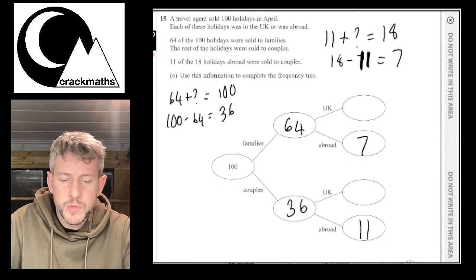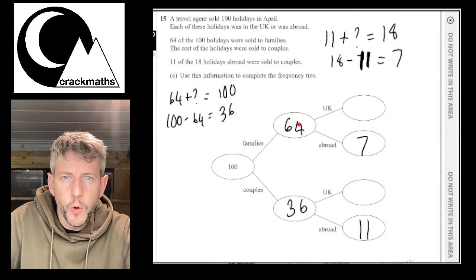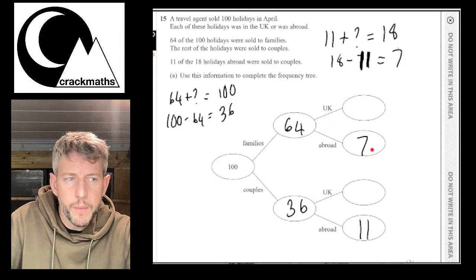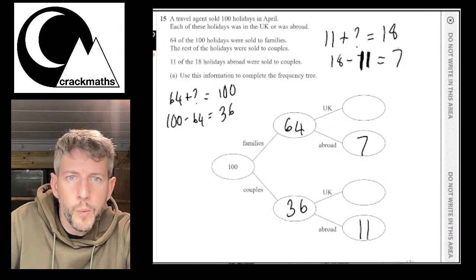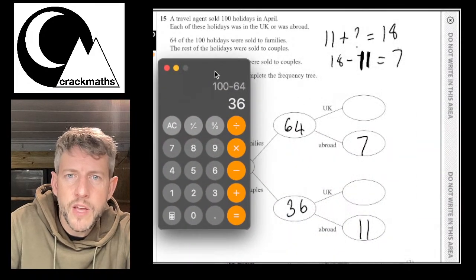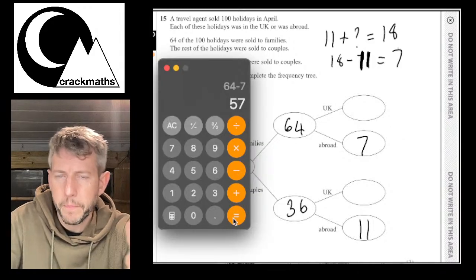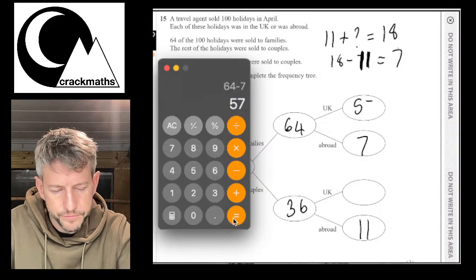Now what we've got to do is fill in these blanks. If we've got 64 families and 7 of them went abroad, then the rest went to the UK. So we're just going to do 64 take away those 7, and that's going to equal 57 here.